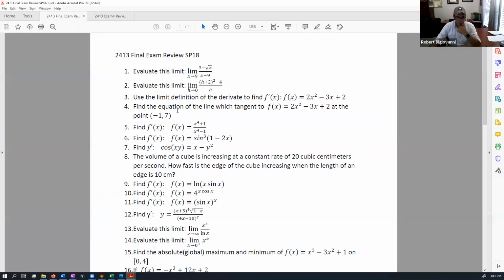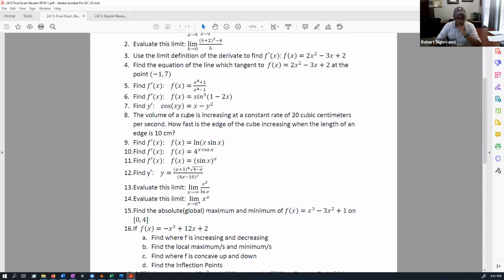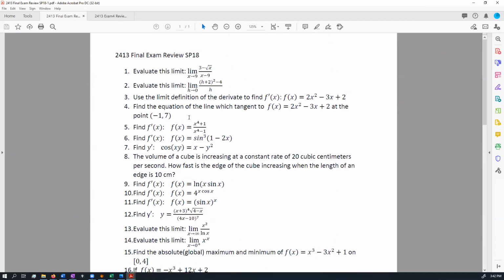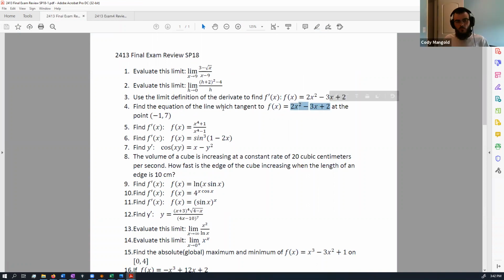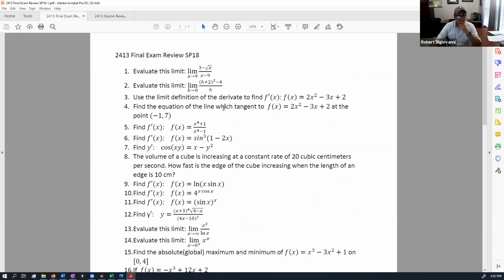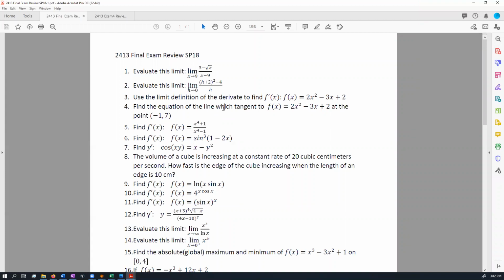Let me see, where's the other one? It's number 4. Yeah, for this one, there was no implicit here because it was solved for y, basically. This is like y equals this. So we would just take the derivative of that, plug in -1, and then use that for slope. Yep. Okay, I got it. Thank you.